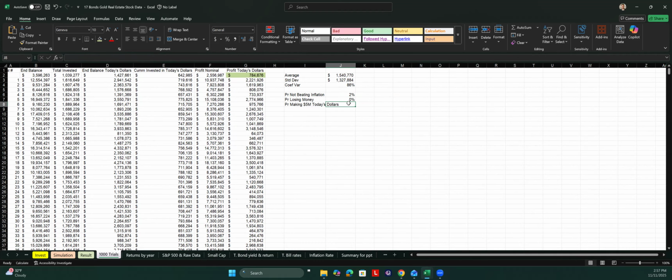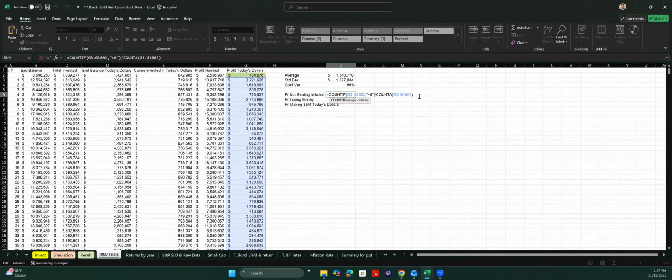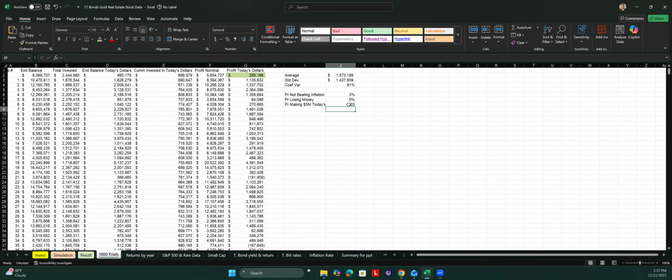And for the probability of making more than 5 million today's dollars, I would just copy this formula, paste it, and instead of less, I will look at greater than 5 million. And that is also around 3% probability.